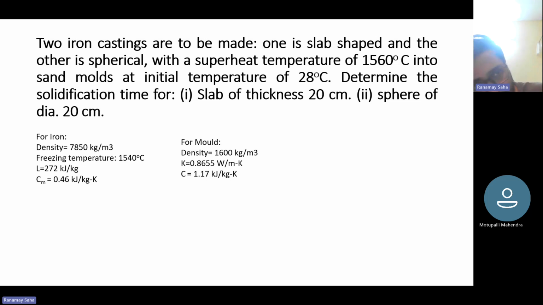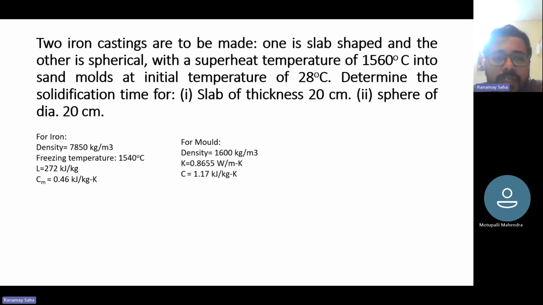I have a problem for you. There are two iron castings to be made, one slab shaped and the other spherical, with a superheat temperature of 1560 degrees centigrade, in a sand mold at an initial temperature of 28 degrees centigrade.